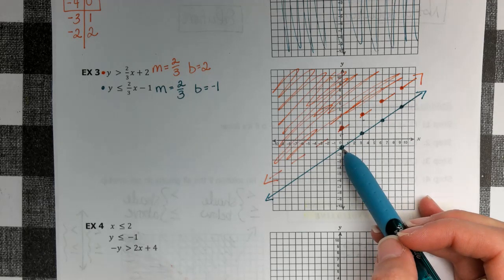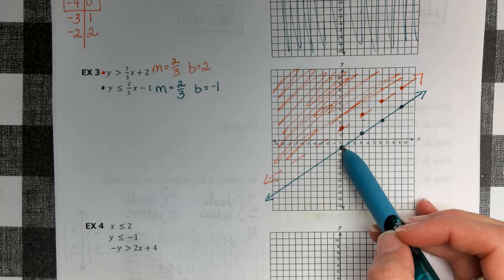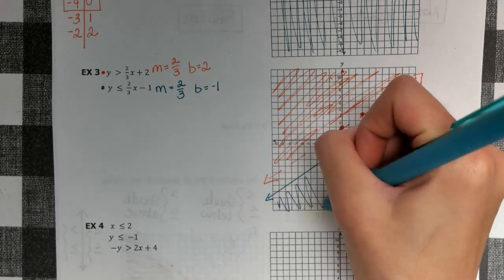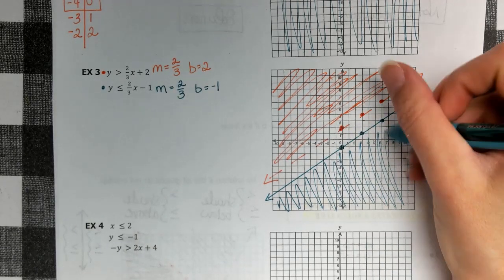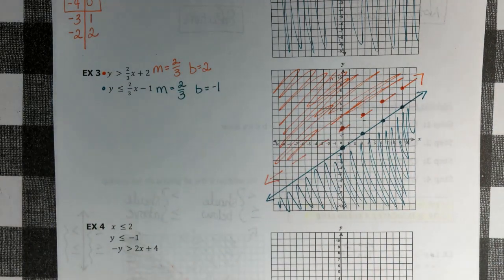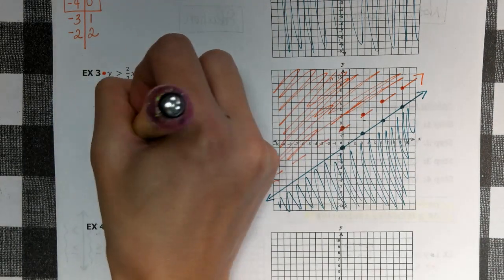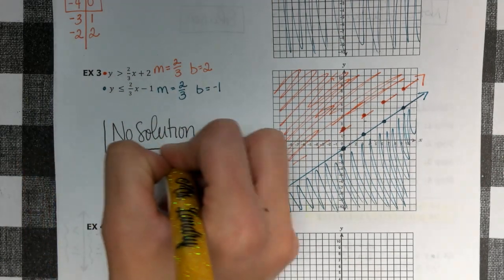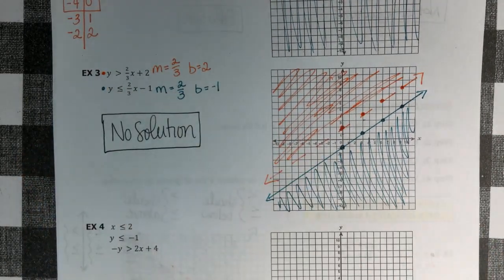Okay, less than, am I going to go above or below? Below, so I go to that y-intercept and I go down, so below that line. Do I have an overlap shaded region? No, so what would I put? No solution. So if it does not overlap, make sure you notate it's no solution.